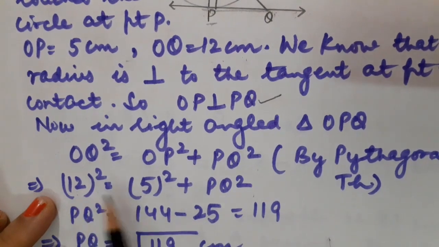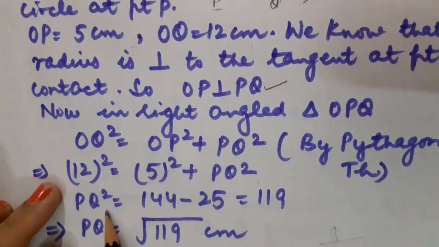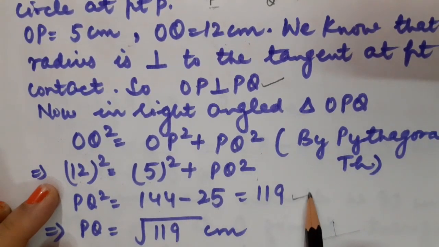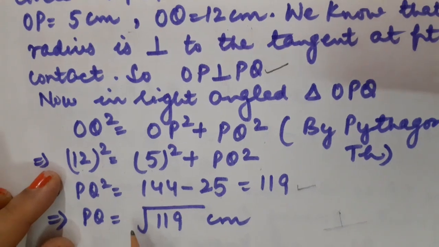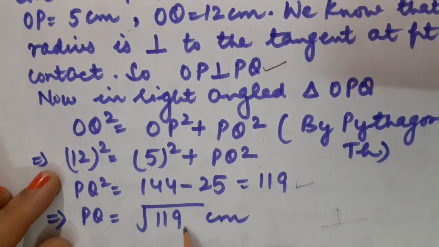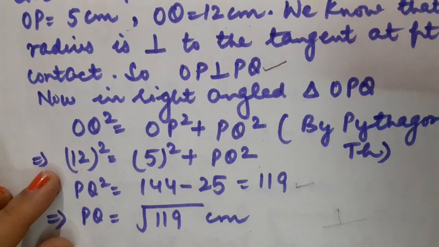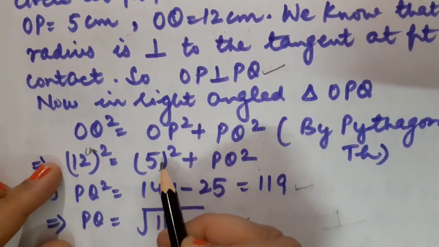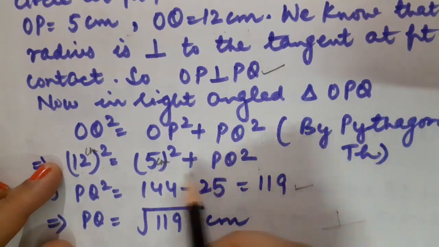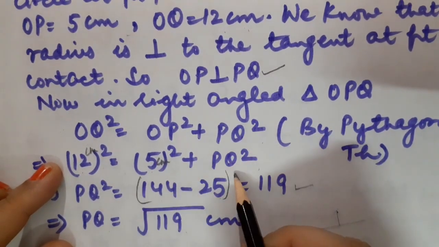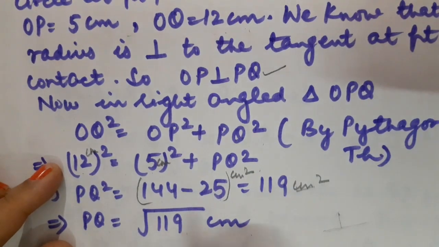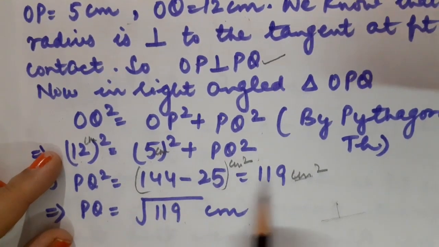Fine, this is 144, this is 25. So PQ square is equal to 144 minus 25, that is 119. So what will be PQ? It will be root 119 centimeter. Correct, children? Or if you want, you can write centimeter here, and with 5 also you can write centimeter. When you go for their squares, you will get centimeter square actually. And after finding its square root, you have got root 119 centimeter.